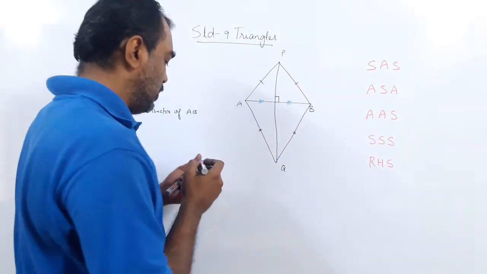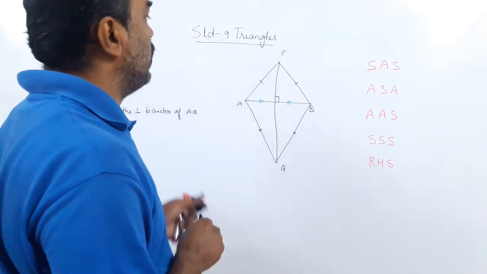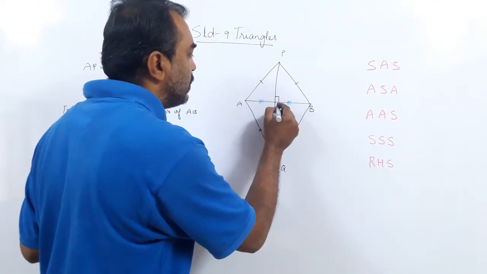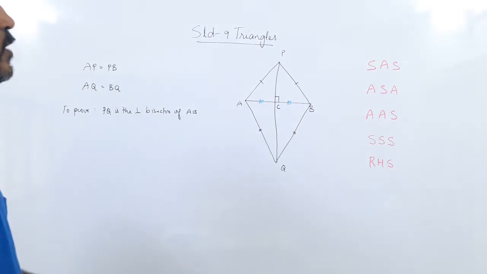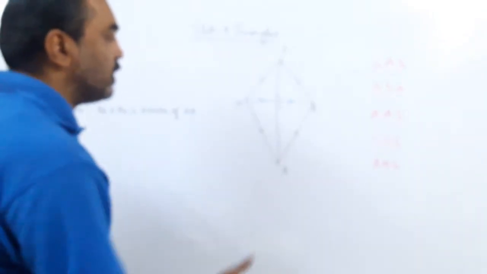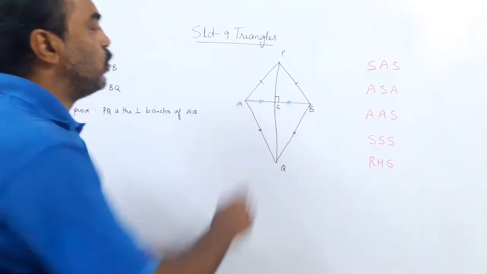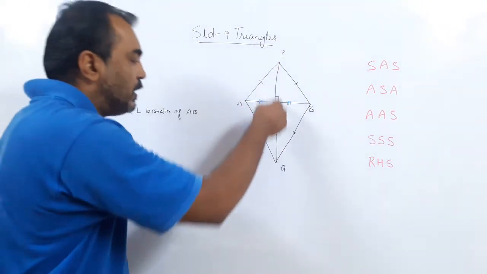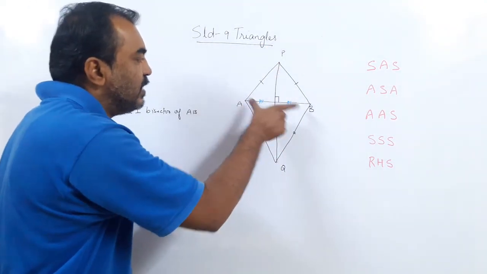Now let us say first of all, I take PQ cuts AB at the point C. So now what I have to show? I have to show AC equal to BC. Why? To show that PQ cuts AB exactly into 2 parts. AC equal to BC. And also show that PQ is at 90 degree with AB.